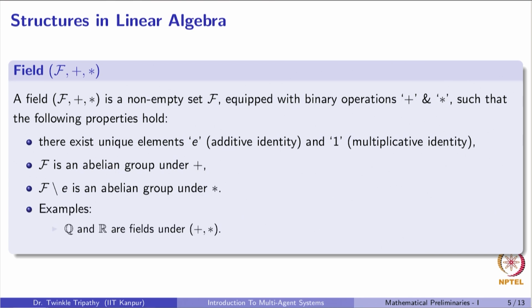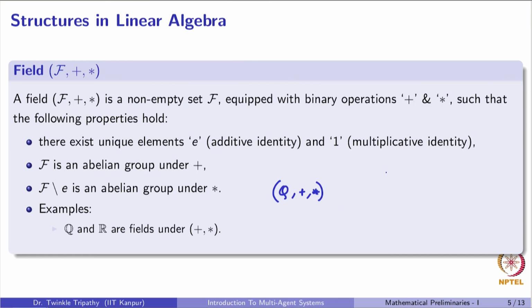Let us now quickly see some examples of fields. The set of rational numbers Q under the operation of addition and multiplication is a field, because obviously it can be seen that they satisfy all of the properties that we need to have.